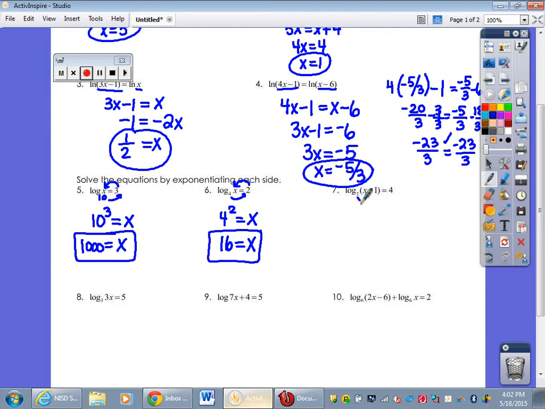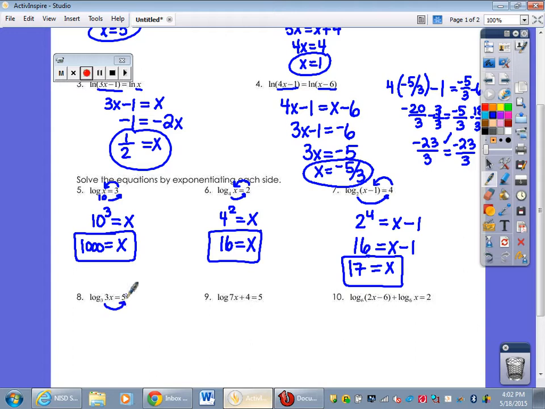On the next one, we're going to do 2 to the 4th equals x minus 1. So 2 to the 4th is 16 equals x minus 1. So when you add 1, you're going to get that x is equal to 17. On the next one, we're going to, again, recycle. 3 to the 5th equals 3x.